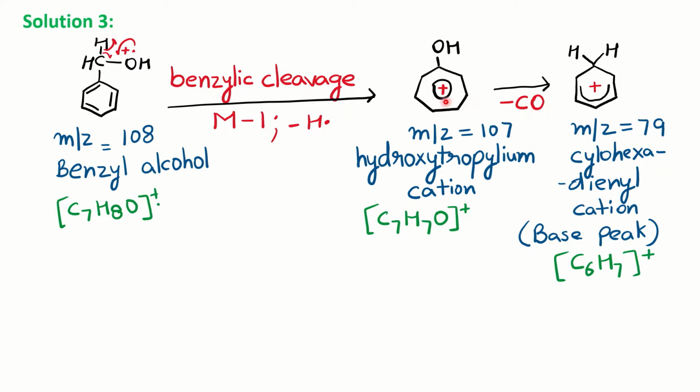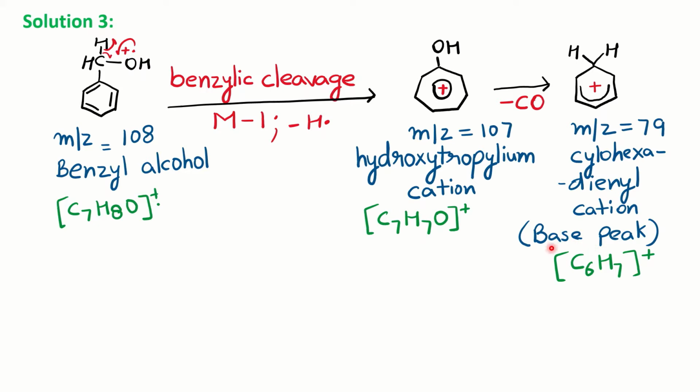Further, from this hydroxytropylium cation, loss of CO occurs, and you can see the molecular formula. Loss of CO from C7H7O will give you C6H7 plus. So loss of CO will give you this structure. The mass of it is 79 and it is the resonance delocalized cyclohexadienyl cation, which is a very stable carbocation.